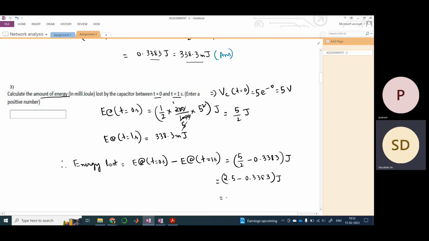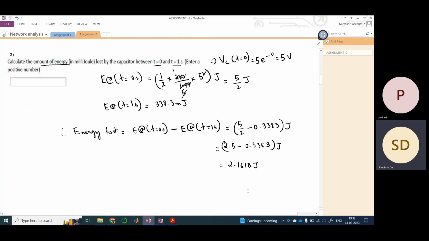This would be something around 2.1618 joule.